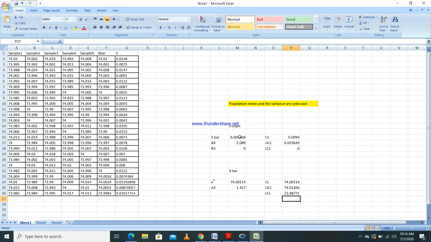So these are the control limits. It's very easy to construct the control limits using a given data set and with the factor table, right?